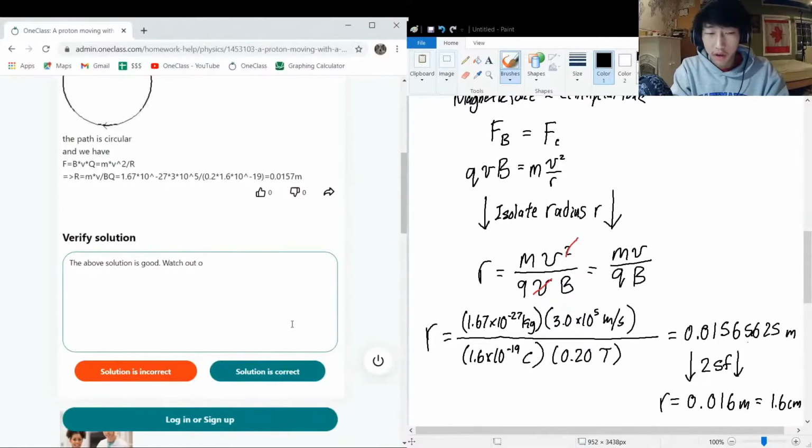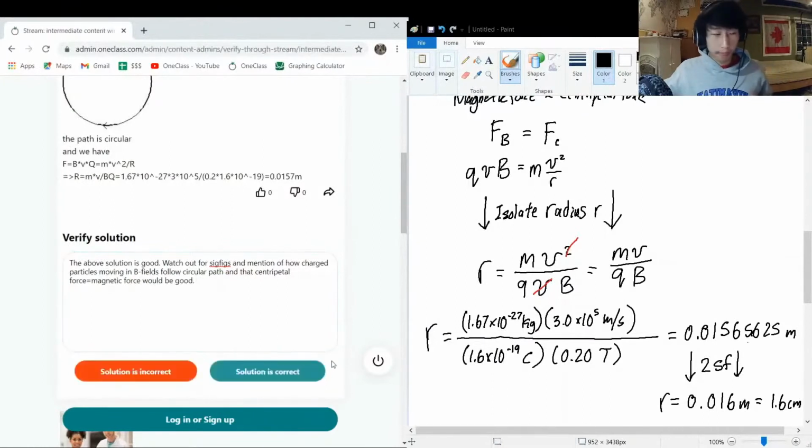Watch out for sig figs, and mention how charged particles moving in magnetic fields follow a circular path, and that centripetal force equals magnetic force would be good. Cool.